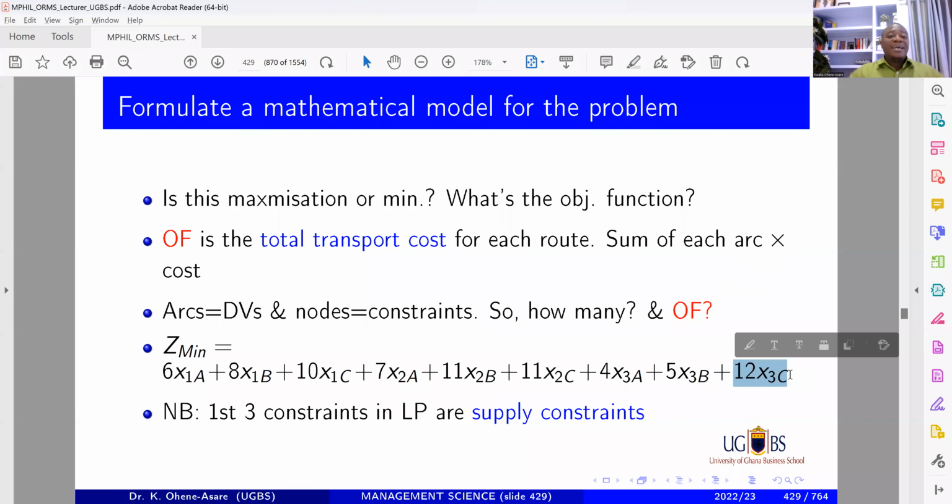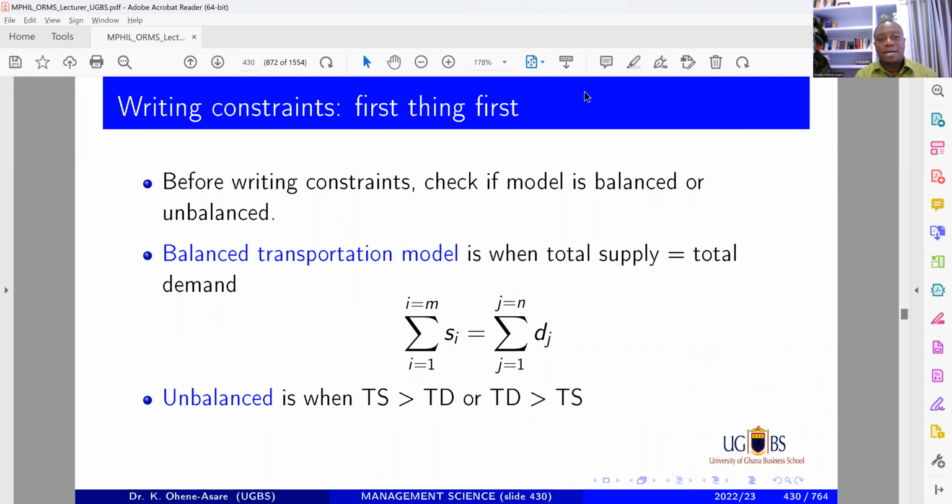You exclude it, meaning that it's a prohibited route. But if you're going to include it, you must give it a huge cost, way above. So if the costs are 2 digits, you give it a huge cost of 3 digits or 4 digits. That's what I'm talking about. Now, so that is how, yes, Princess.